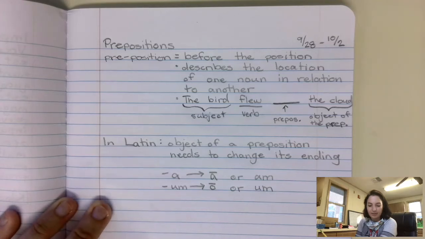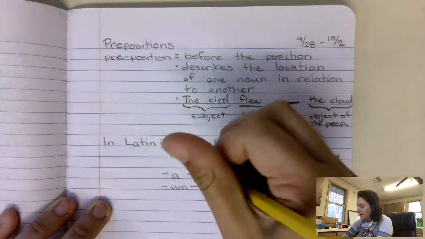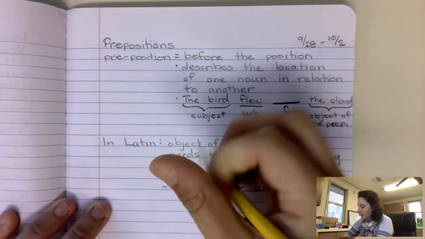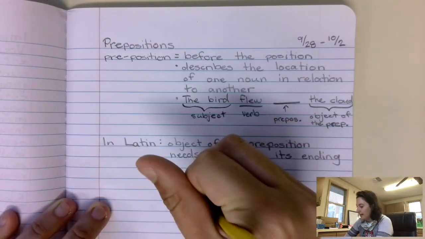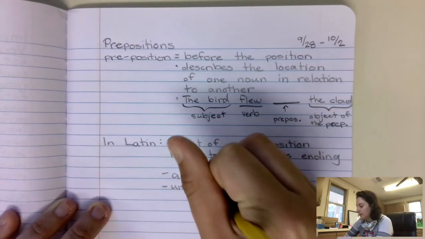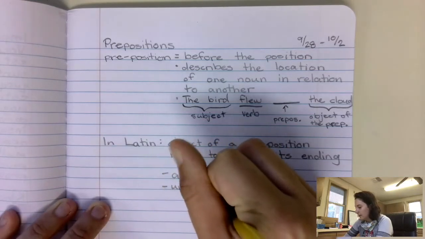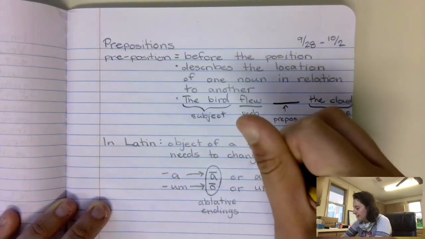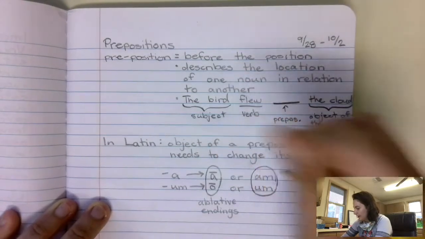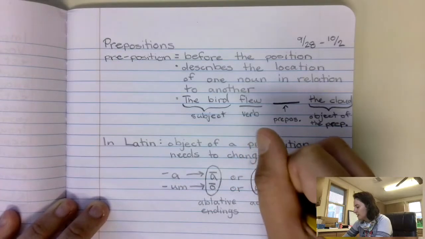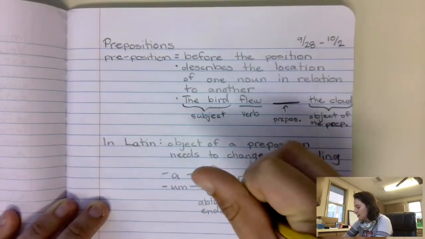Those are the endings that I'm going to review today. This long A and long O are what are called the ablative endings, and this AM or UM are called accusative endings.